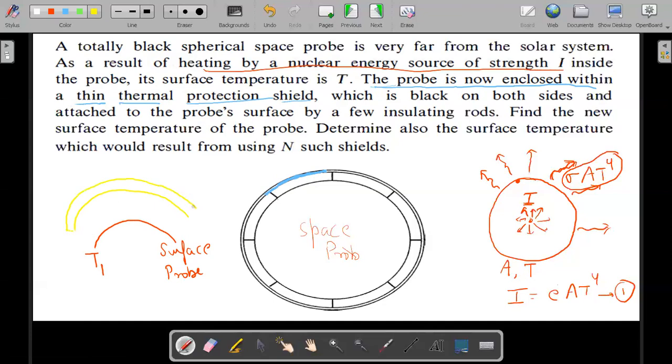So let's say this is the thin protection cover, and this probe is surrounded by that protection shield. It is a very thin object, and we assume that this protection shield is near to the surface of that spherical probe. So if it is very near to the probe, then the surface area here and the surface area of that protection shield can be considered approximately equal.